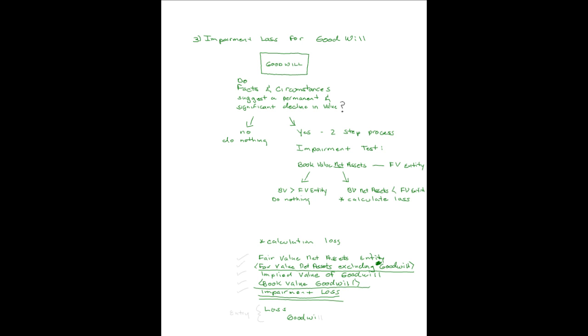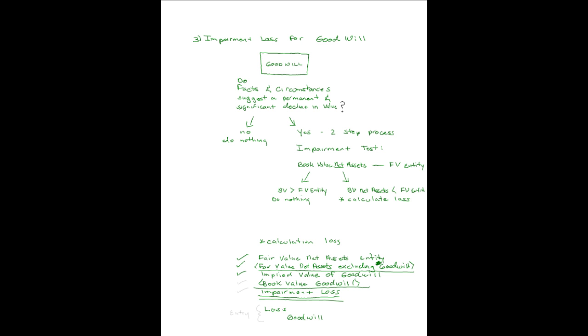This is how goodwill gets written off. It does not get amortized. It gets written off in big chunks. Quick review: take the fair value of the net assets of the entity in total. Then take the fair value of the net assets excluding goodwill, and that gives you the implied value of the remaining goodwill.